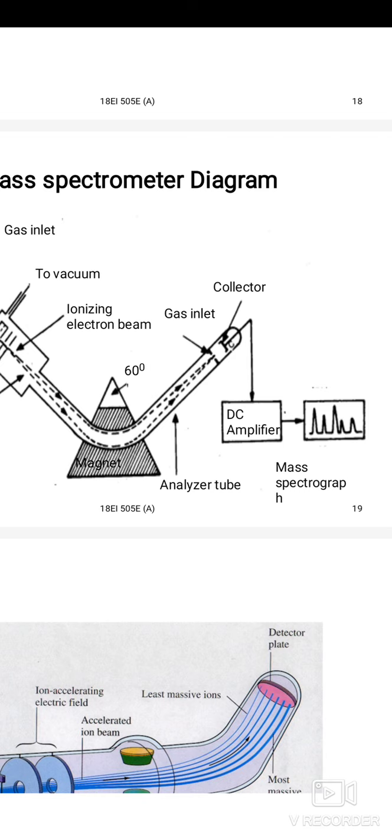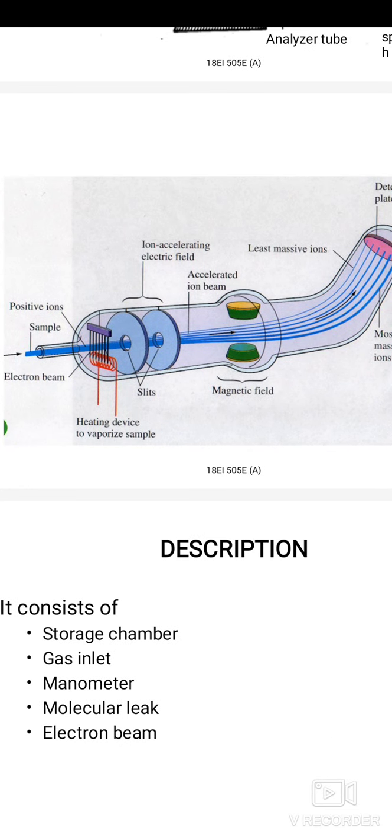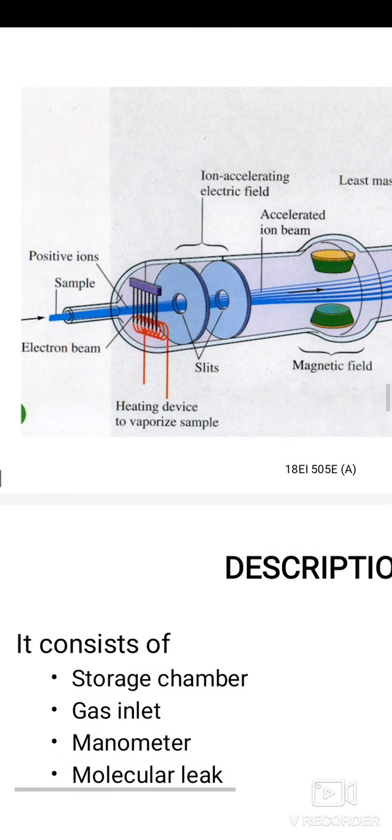The peak values in the mass spectrograph give the different masses present in the sample, which can be separated and identified using the mass spectrophotometer. A typical mass spectrophotometer you can see in the figure.